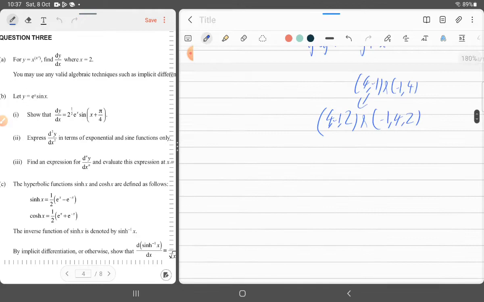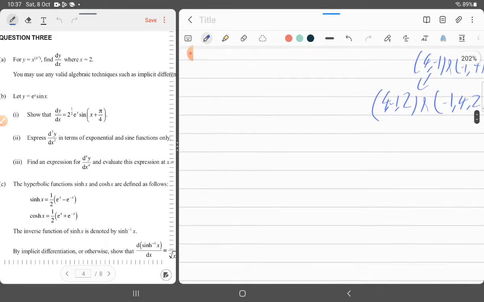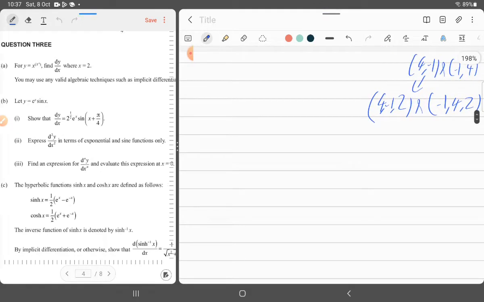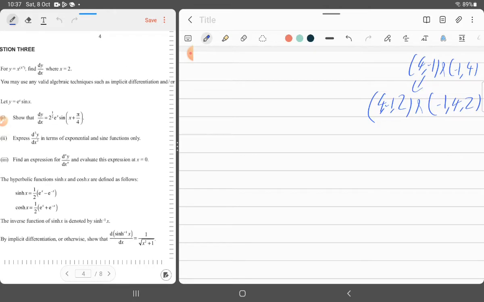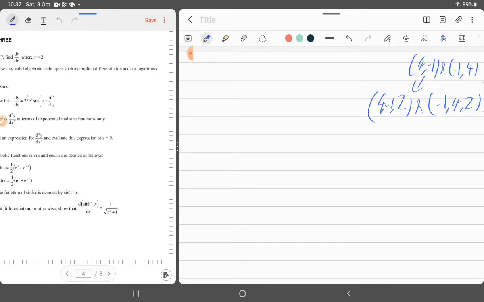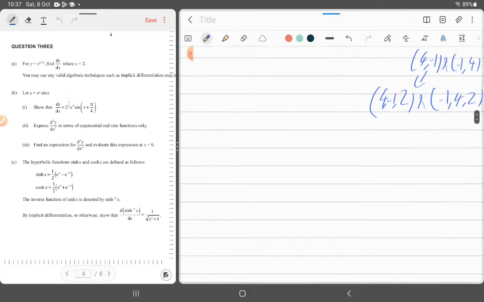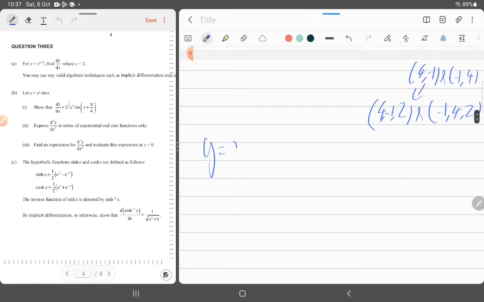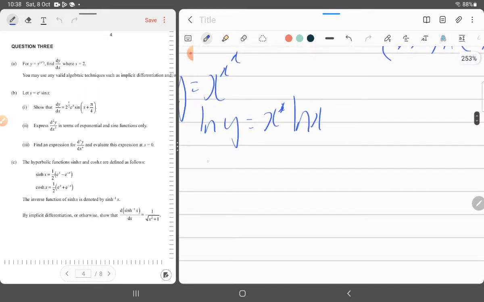Okay, for y equals x to the power of x to the power of x, find dy over dx where x equals 2. You may use any valid algebraic techniques such as implicit differentiation and or logarithms. So y equals x to the power of x to the power of x. Let's take the natural log of it. We bring those down here. Yeah, I think we take the natural log again. Natural log of y.